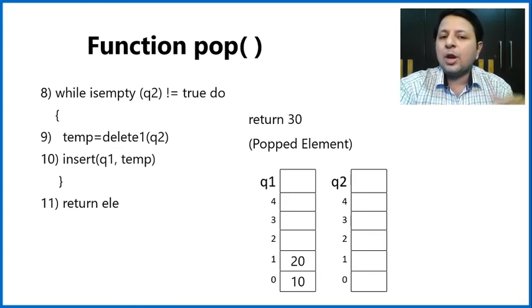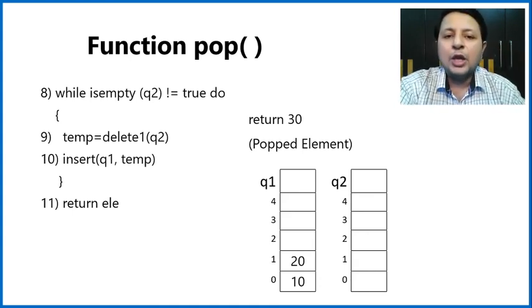So along with 10 and 20, a copy of 30 will be stored in ELE for returning, and it will also be inserted in Q2, so that while placing the elements back in Q1, 30 will also be placed, and 30 is not getting popped from the queue or so-called stack.